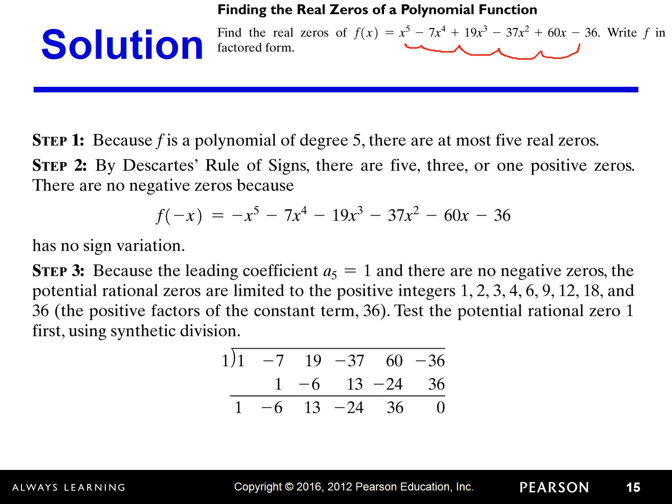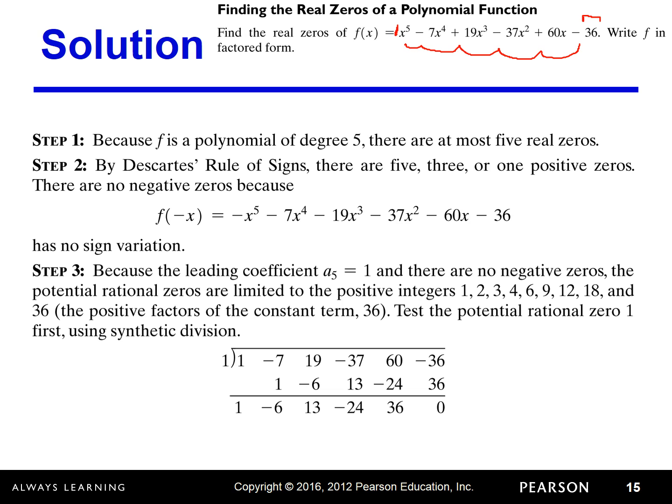Well, he says because the leading coefficient is 1, 1x to the 5th, and there is no negative 0, basically we can just take the constant and, if you're going to put factors of the constant over factors of the lead coefficient, and the lead coefficient is 1, then basically factors of the constant are all of the potential real zeros.